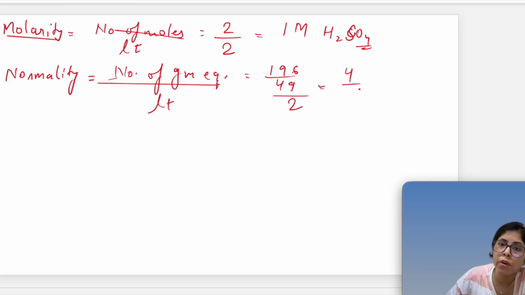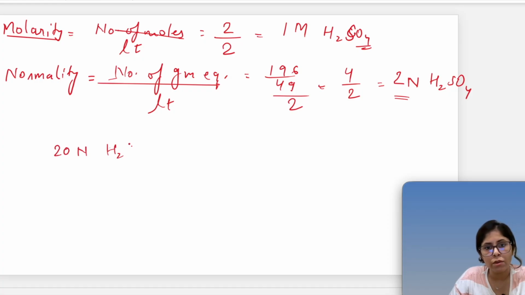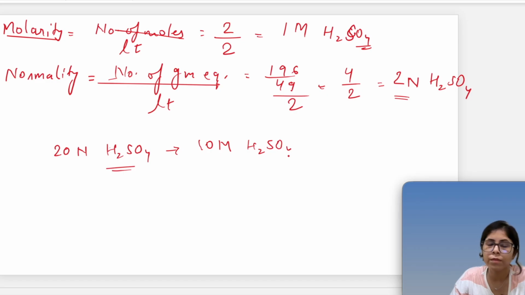So it's 4 upon 2, that is 2 normal H2SO4. That means if it is 1 molar H2SO4, it's 2 normal H2SO4. So for example, if we have 20 normal H2SO4, this is similar to 10 molar H2SO4.